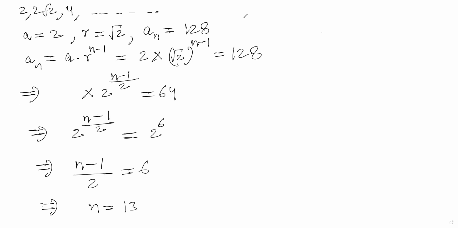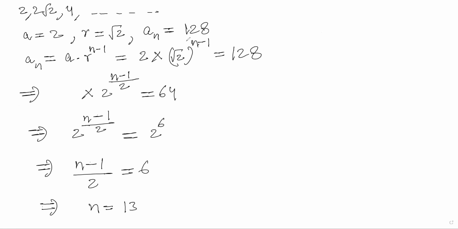Yes, that's the thing, sir, I can't understand the beginning. They can give you anything, but you have to remember this: if the product is given in a GP and if the sum is given in an AP, then you must assume the terms as described.